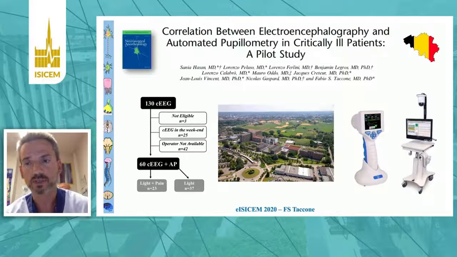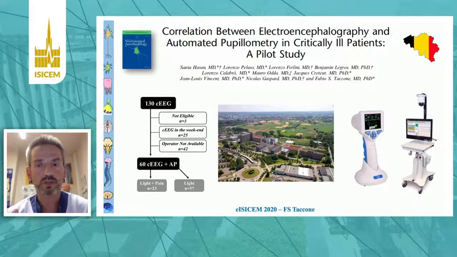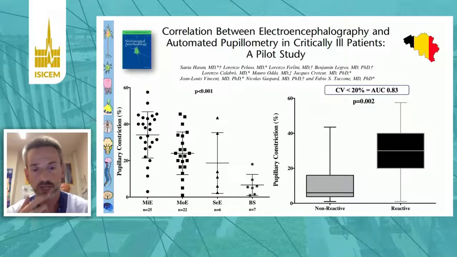And this is a study from my group in Belgium, where we compared the pupillometry information to the EEG in a heterogeneous population of critically ill patients, 60 patients, a proof of concept study. What we observed is that there are differences in pupillary constriction rate according to the different encephalopathy grades assessed by the neurologist blinded to pupillometry. The worse the cortical function, severe encephalopathy, burst suppression, the lower the pupillary constriction.